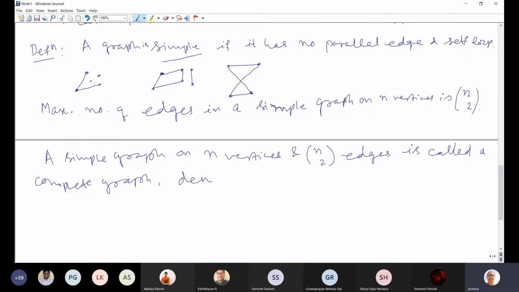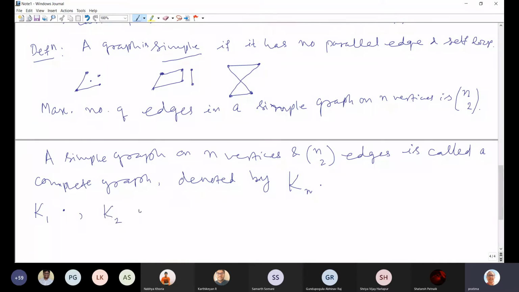And this has a notation also, denoted by Kn, complete graph on n vertices. We use this notation Kn. Well, so therefore your K1 will be a single vertex.